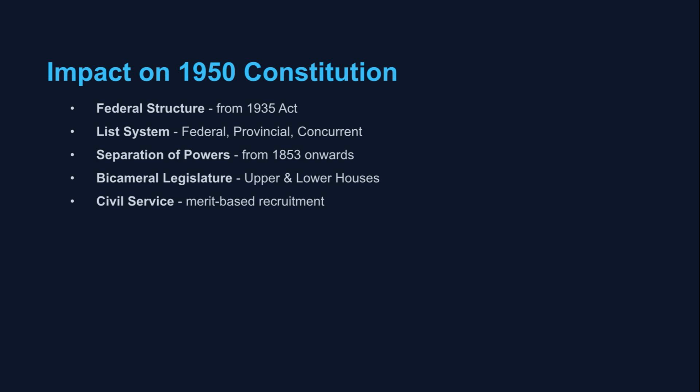The IAS, IPS, and other services are based on merit-based recruitment introduced in 1853. The concept of a non-political, neutral bureaucracy comes from this era. Additionally, the Supreme Court traces its authority and structure to the Federal Court created in 1937. The Constituent Assembly didn't invent these institutions, it adapted and improved them, making them truly democratic.